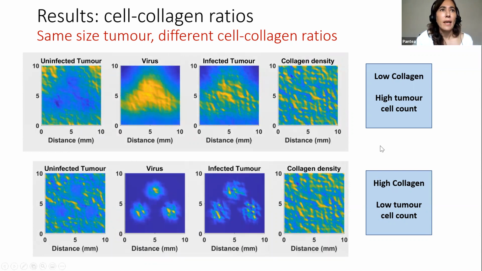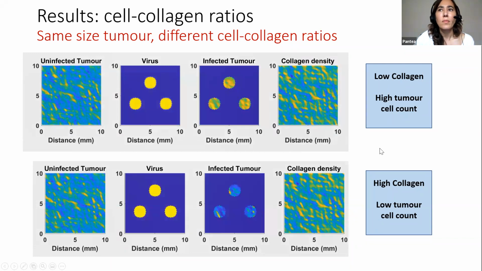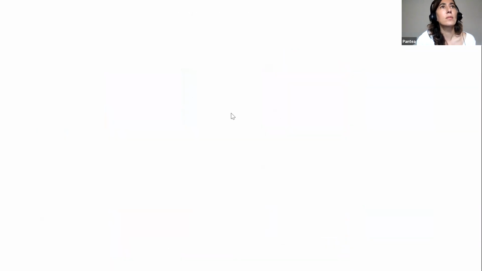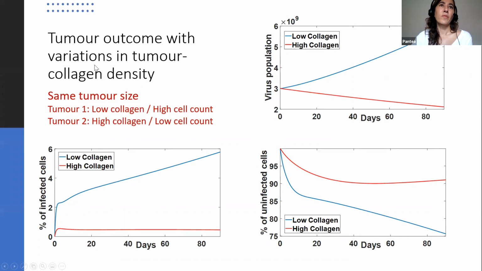So if we look at the actual results from this, so tumor outcome with variations in tumor collagen density. Here we've got the same size tumor. So tumor 1 with low collagen, high cell count, tumor 2, high collagen, low cell count. So we can see that the virus obviously thrives in the low collagen and decays away in high collagen.